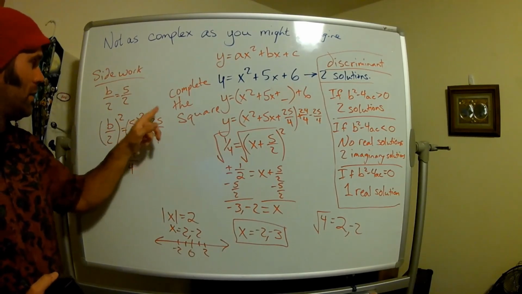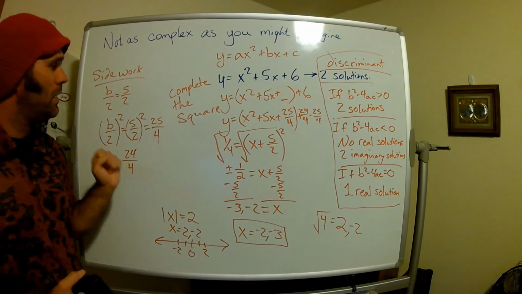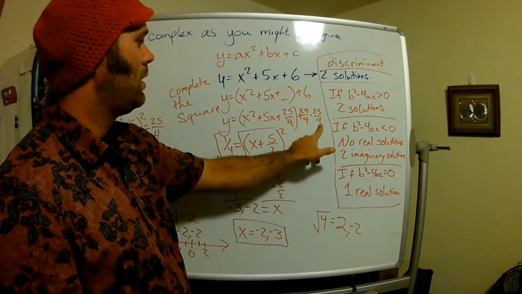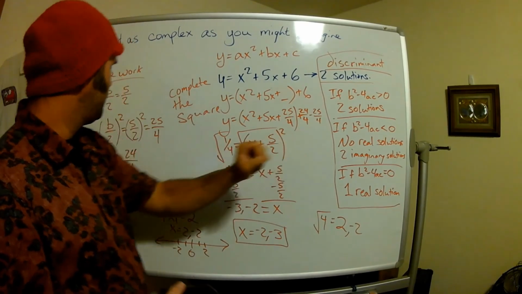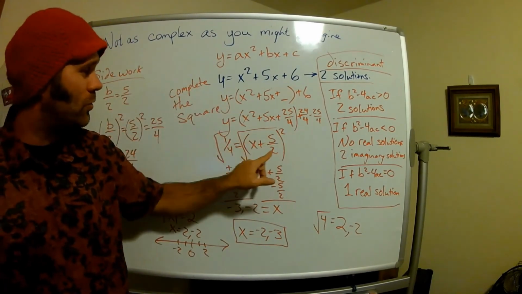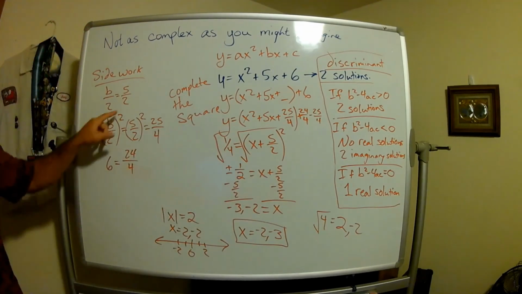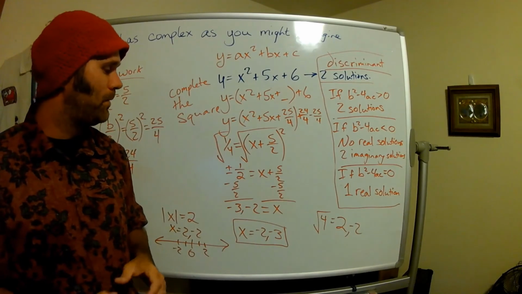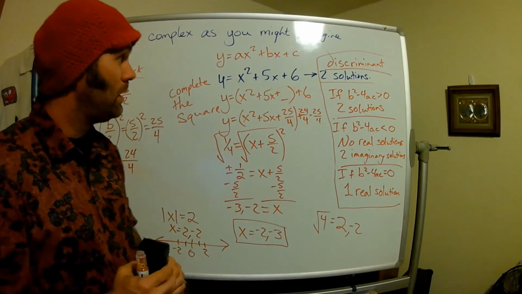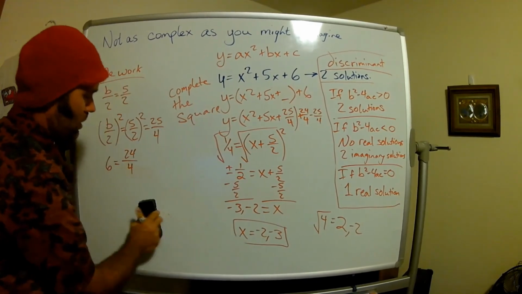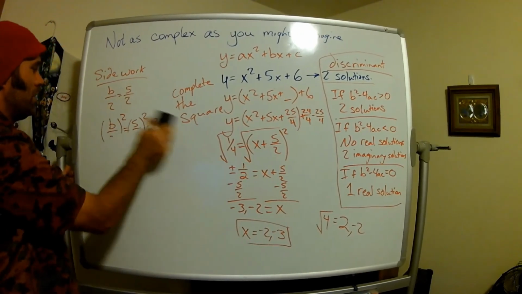Then square it, and write that down. Then plug it in, add it, and add it again, or subtract it from the same side. And then when you're going to turn it into a square, you use the b over 2, 5/2. Okay? So that's complete the square. Hopefully that's not something new to you. Hopefully that was just review.